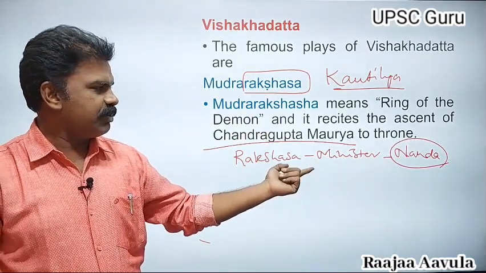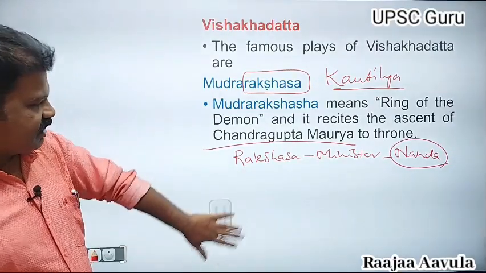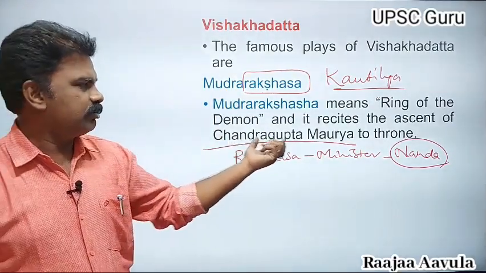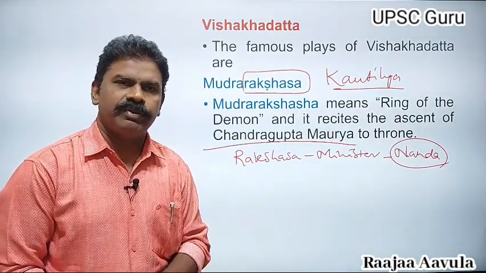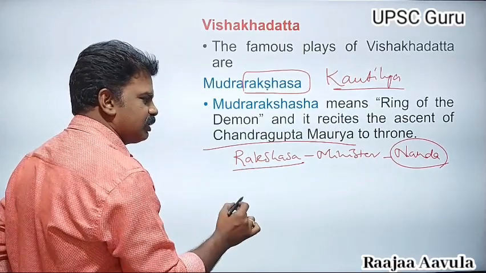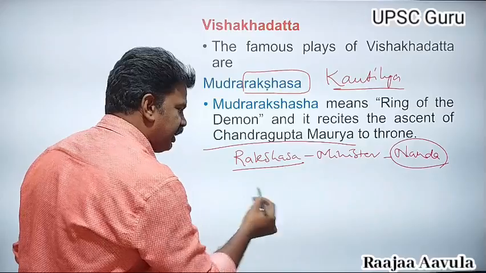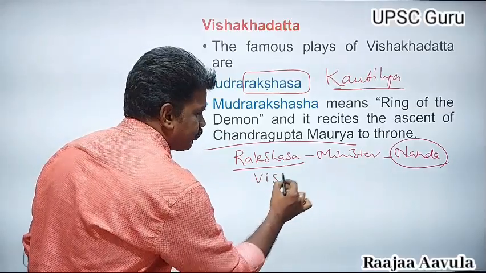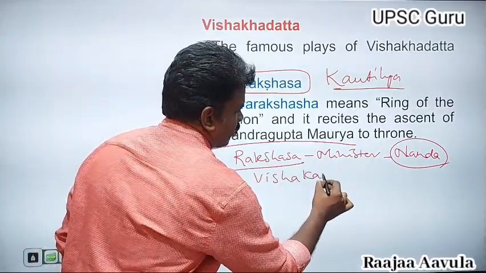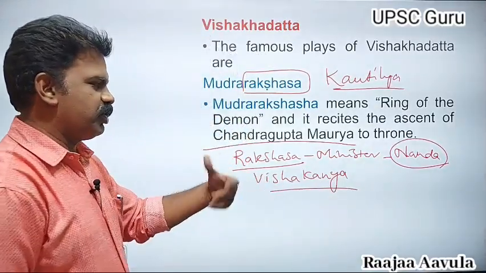The demon is Rakshasa, the minister of the Nandas. This Rakshasa wanted to kill Chandragupta Maurya at any time. To kill him, this minister made a Vishakanya. She was very beautiful.